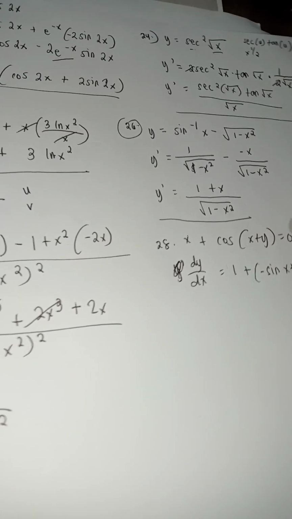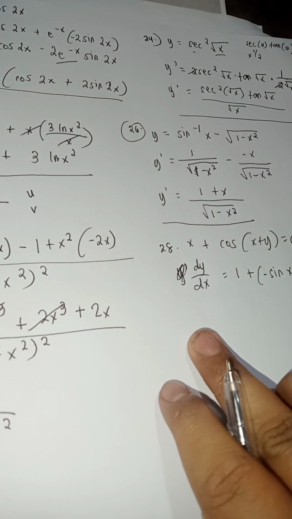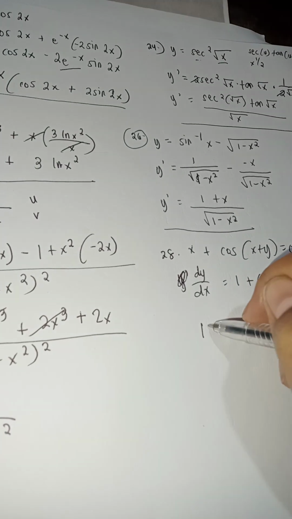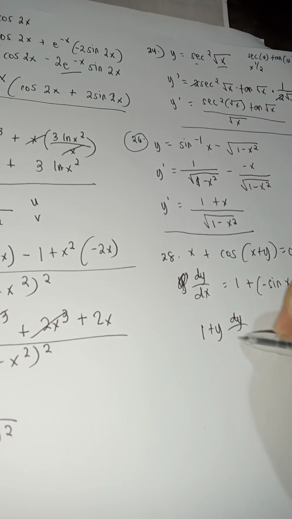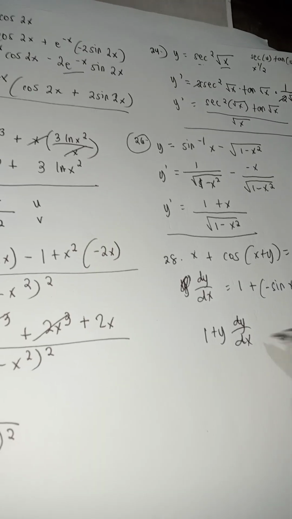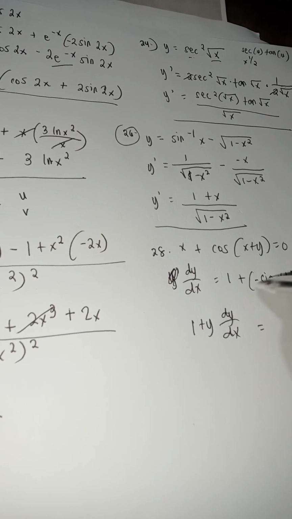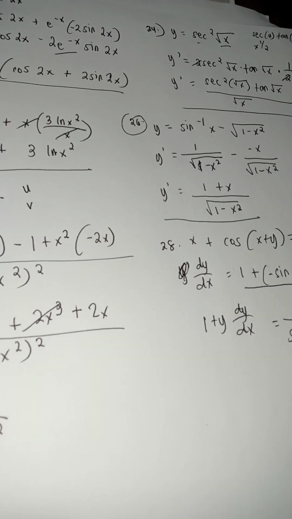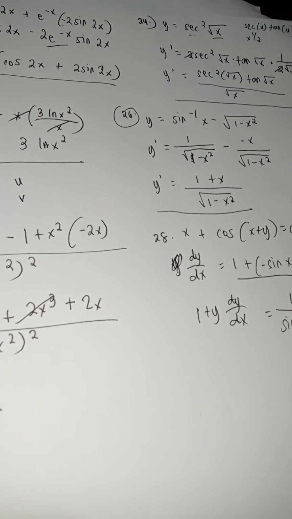Okay, so we are going to move this from here. So 1 plus dy over dx, and we transfer this to the left side, 1 over sine of x plus y.